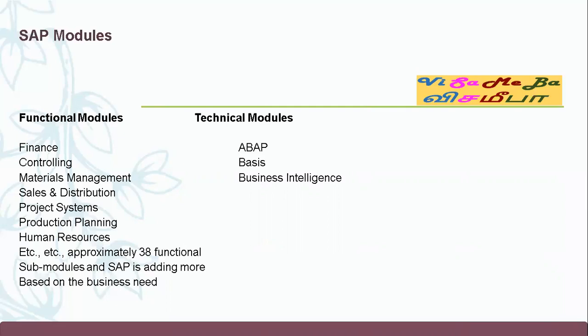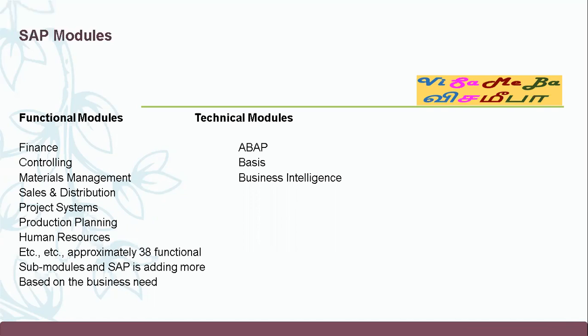Now, there are other technical modules, which are ABAP, which is a programming module, and BASIS, which is the system maintenance module. And outside SAP ECC, we have the business intelligence or business warehouse, which is lying in a separate server. And this is another product of SAP.